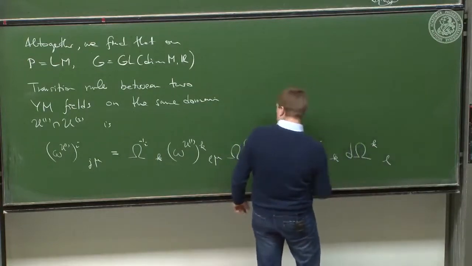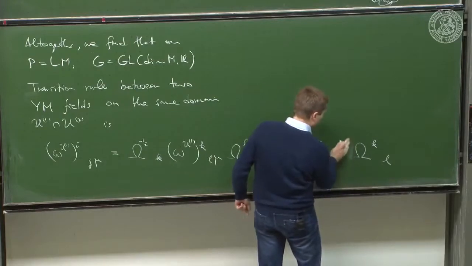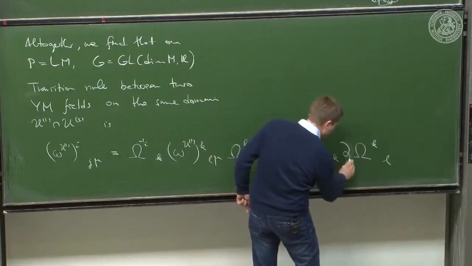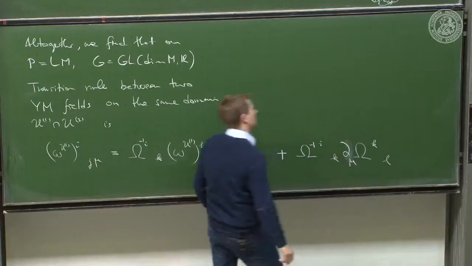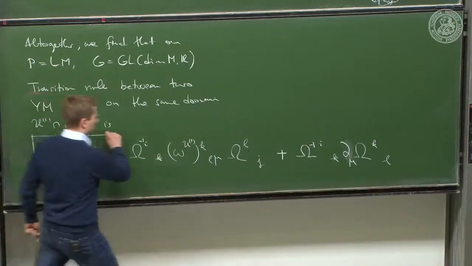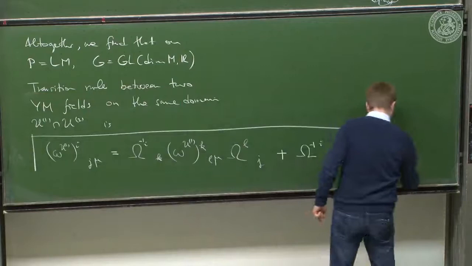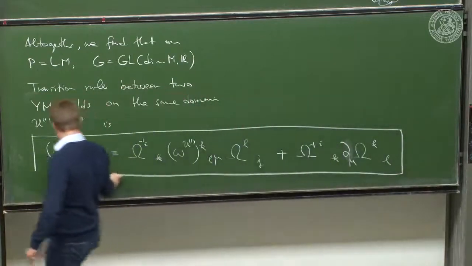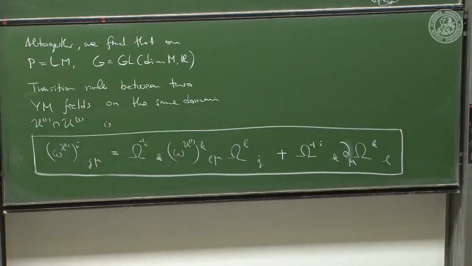And in fact, if I write here the mu, then this just becomes the del mu. Yep, that's right. Okay, so this is how one Yang-Mills field needs to transform to the other if they're on the same domain.